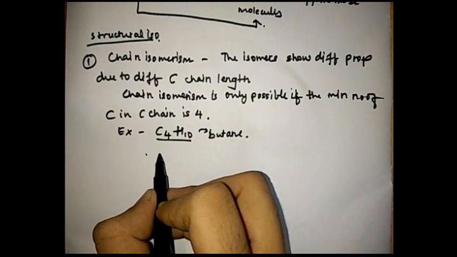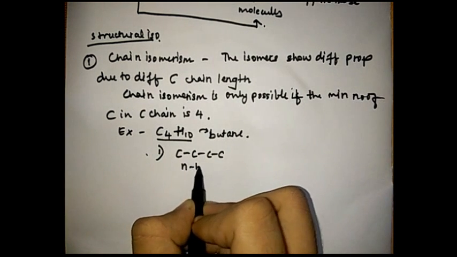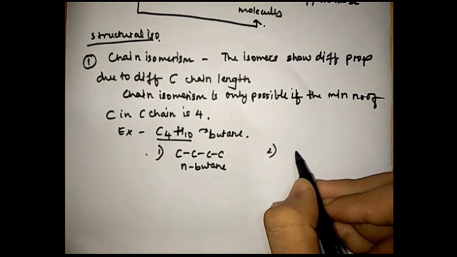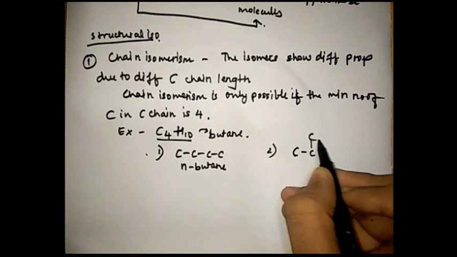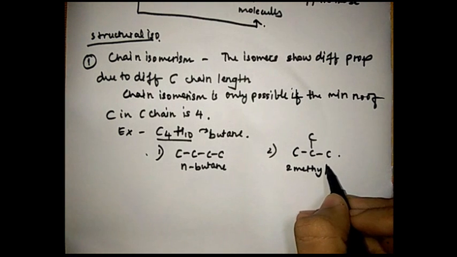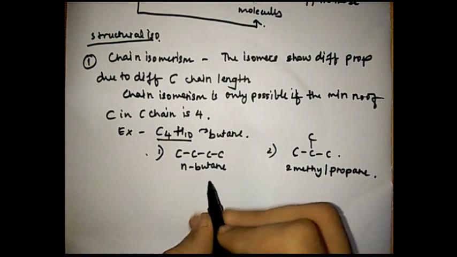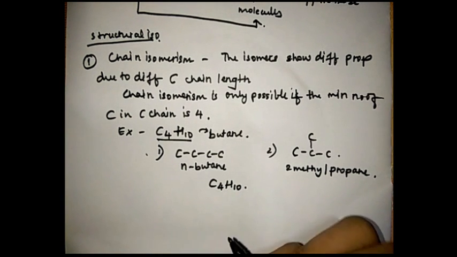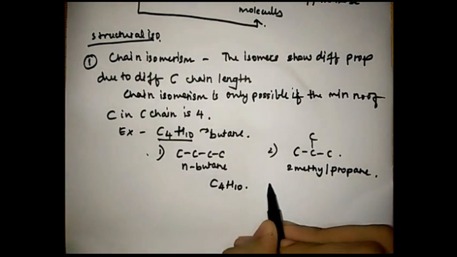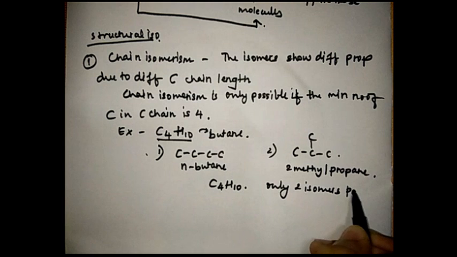The two isomers of this can be n-butane and the second isomer is 2-methylpropane. In C4H10, only 2 isomers are possible.